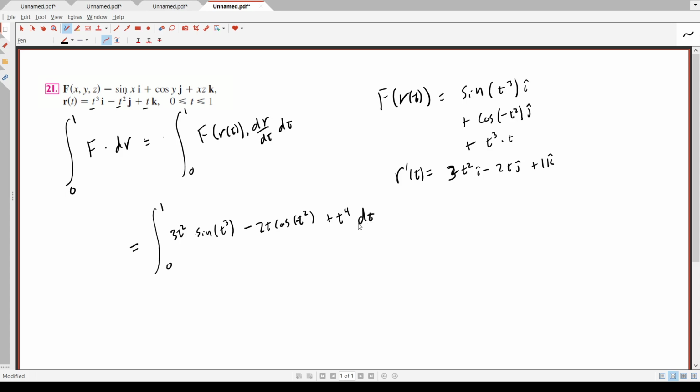Okay, and this is what I want to integrate. This looks possible, because I can do a u-sub for each of these first two terms. Cosine of negative t is the same as cosine of t, so let's just put cosine of t squared.